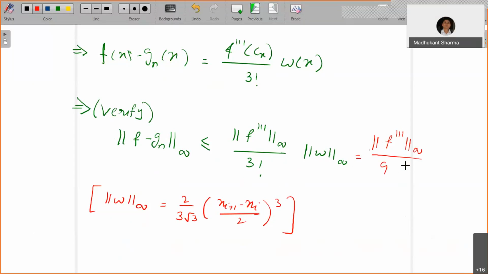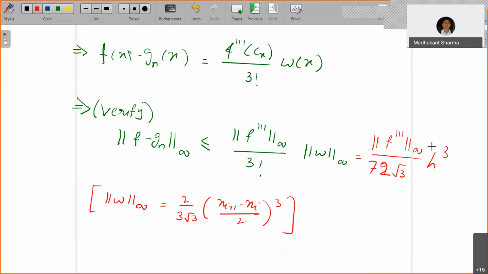So 9 root 3 times 8 is 72 root 3, times (xi plus 1 minus xi) which is h cubed. By looking at the error term, we can expect h cubed on the right side, which is faster than h squared. In the linear case we had h squared, so h cubed will be much faster than h squared.